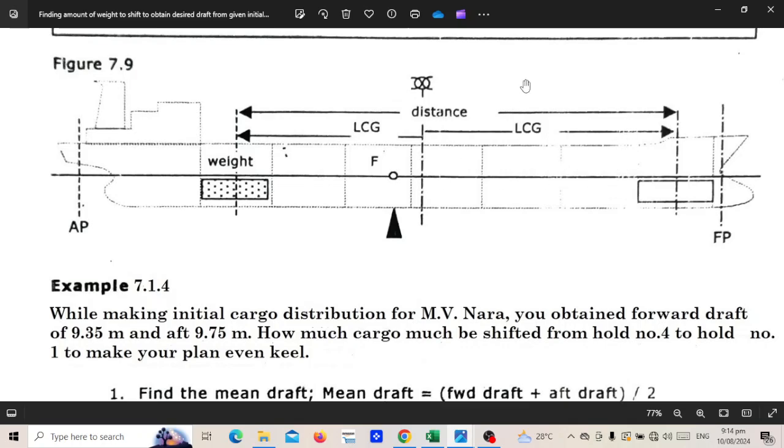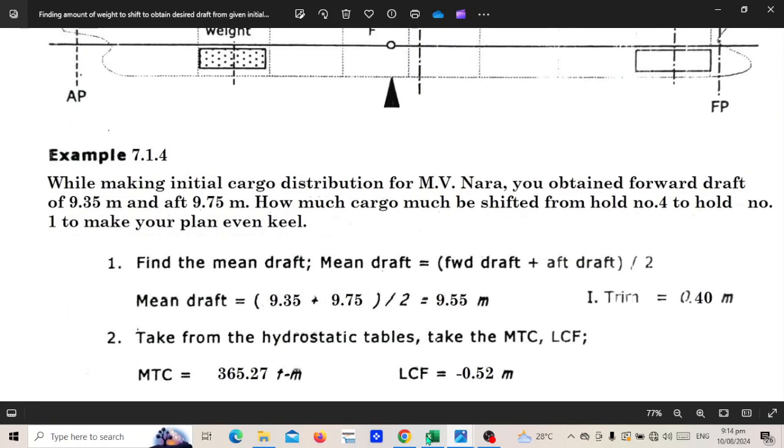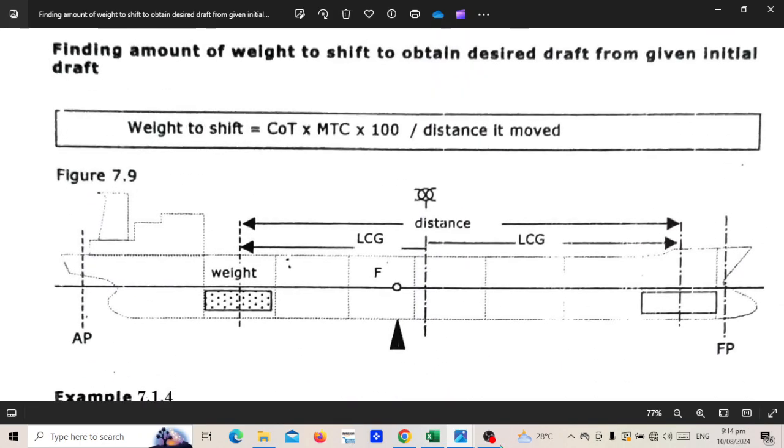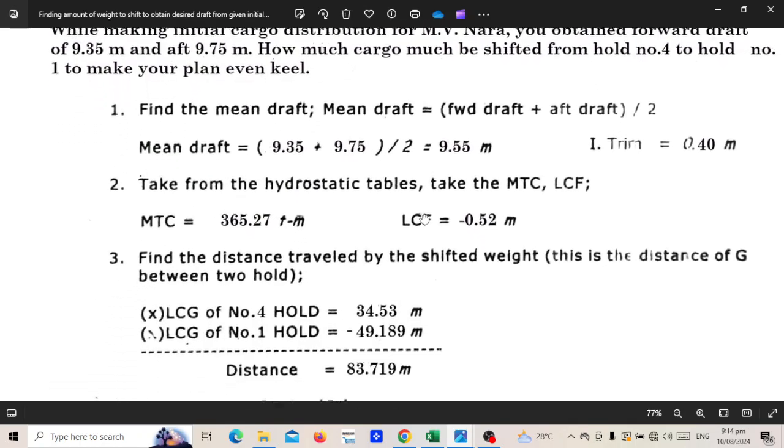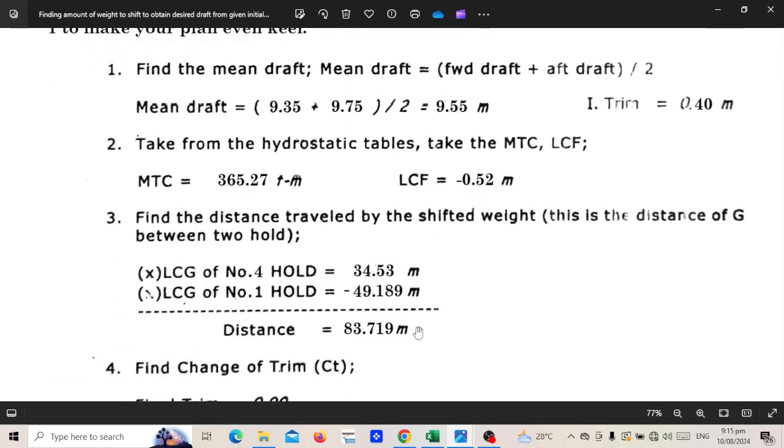This is negative and this is positive. Now looking at this diagram, you have the LCG of hold number 1 and the LCG of hold number 4. You add them together, then you will have the total distance between the two holds, this long line here. When you add the LCG of hold number 1 and the LCG of hold number 4, your total distance will be 83.719.